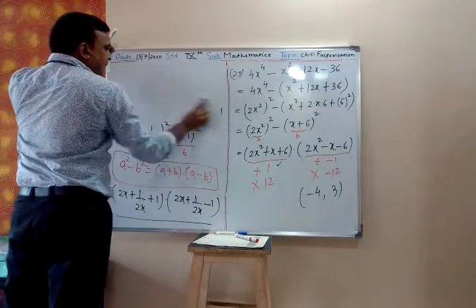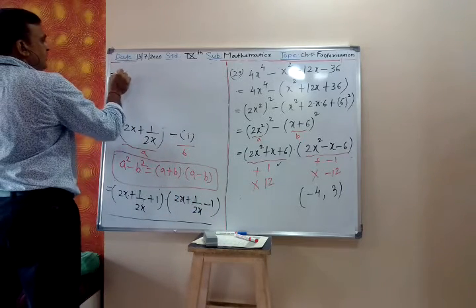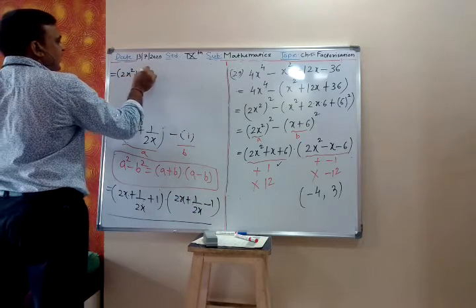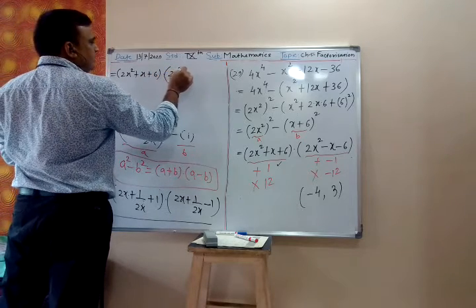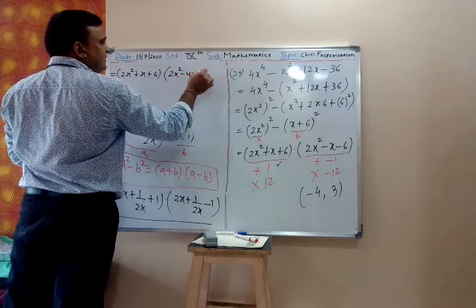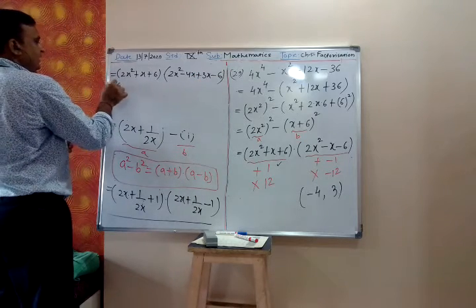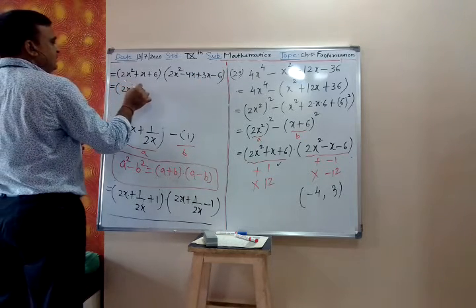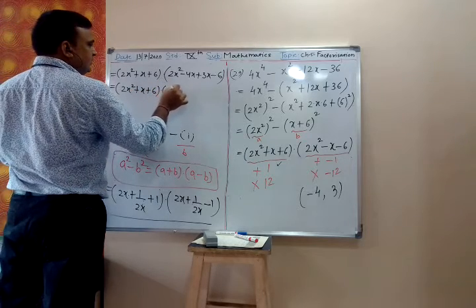So first I will keep as it is, 2x square plus x plus 6. And second I will write 2x square minus 4x plus 3x minus 6. Now 2x is common, so what is left?